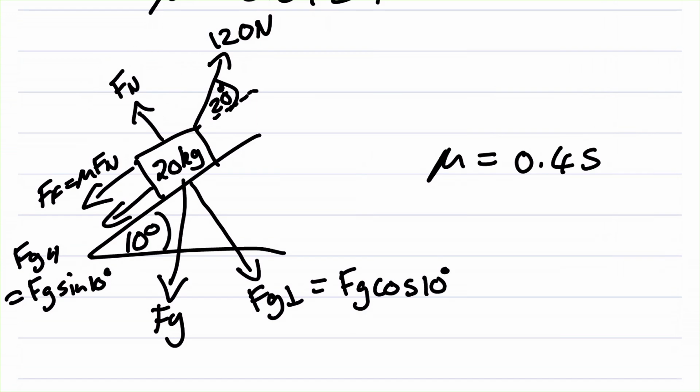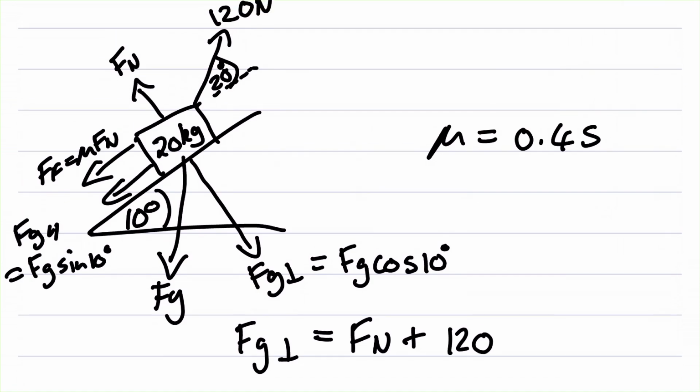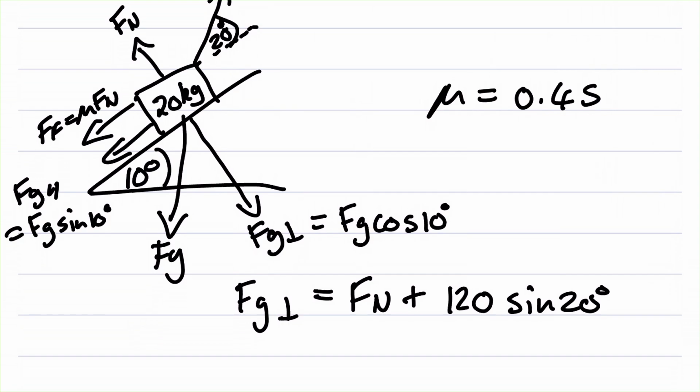So Fg perpendicular would be equal to the normal contact force plus 120 sine 20 degrees, because sine is opposite. Sine is the upwards force there. Then we would solve for our normal contact force.